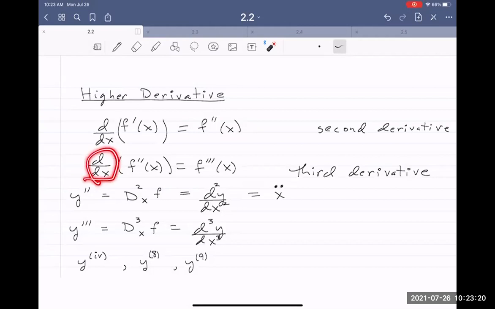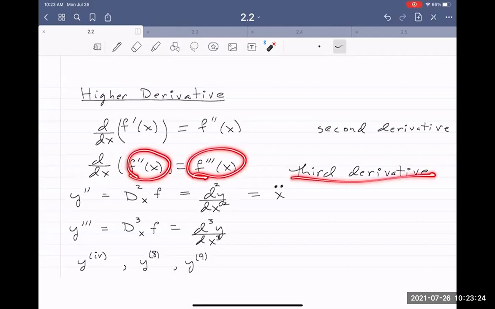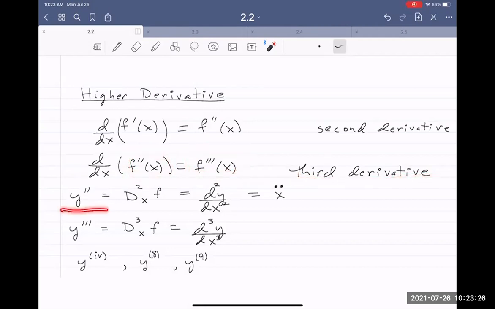The derivative of the second derivative is called the third derivative. Some notations for the second derivative: I can put two primes here, or I can write d of x and put a superscript of 2 to say that it's the second derivative. This is the second derivative of f at x.